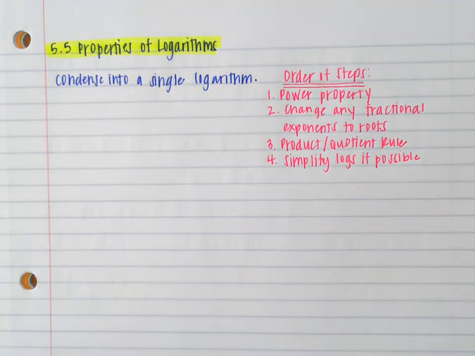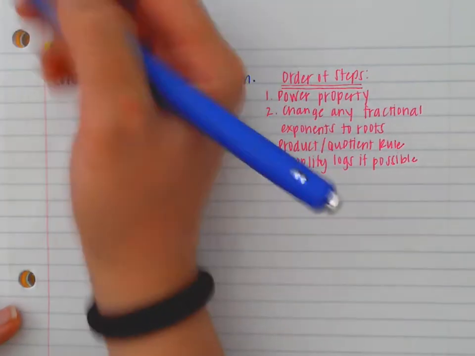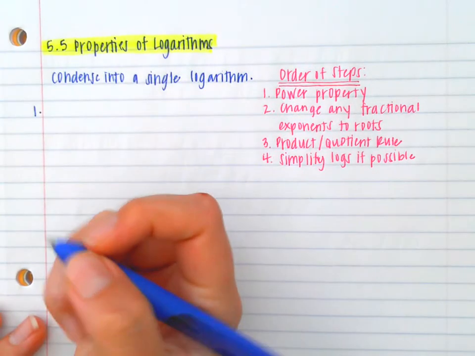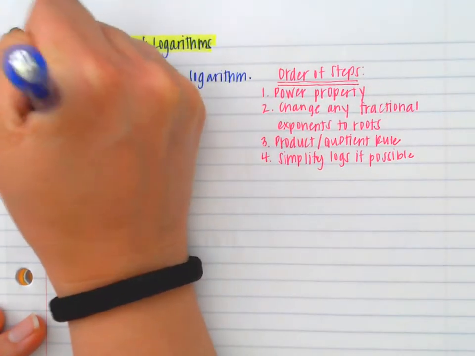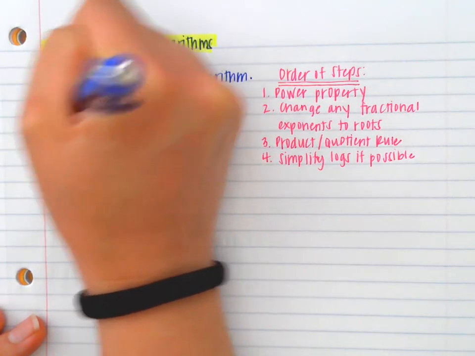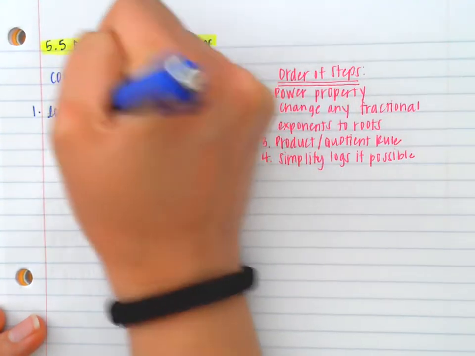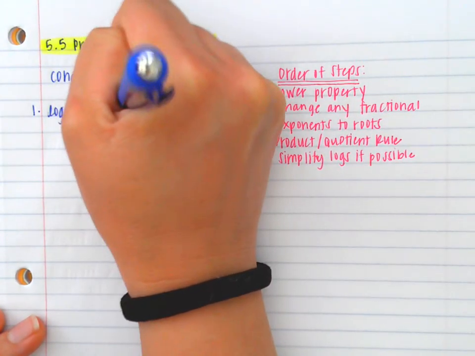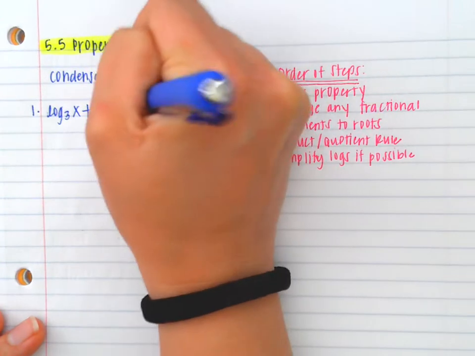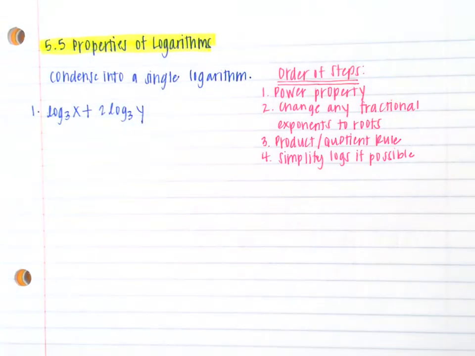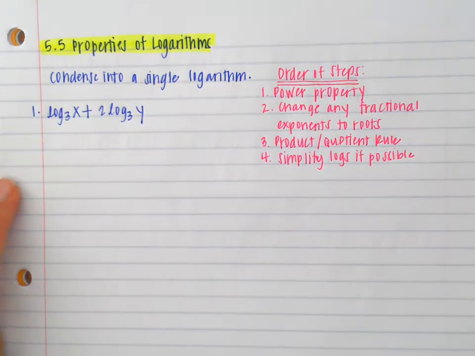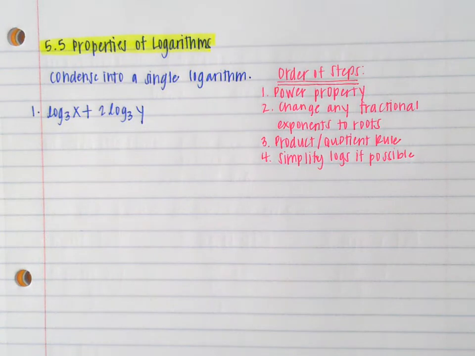Okay, so let's do an example. I'm going to do the first one here. That's going to be log base 3 of x plus 2 log base 3 of y. So we're just going to start off with a basic one and increase the level of difficulty.